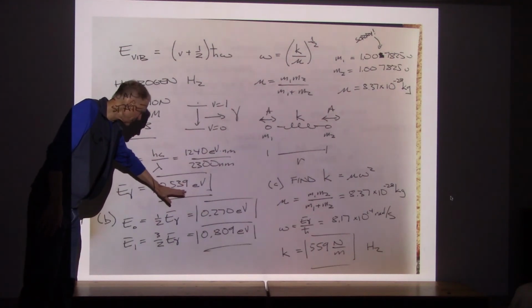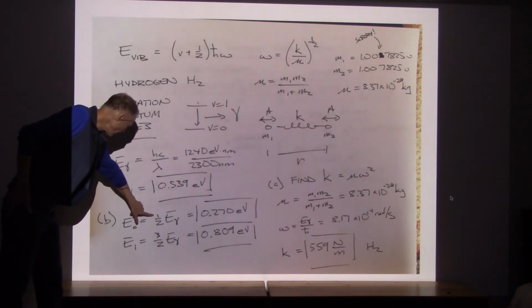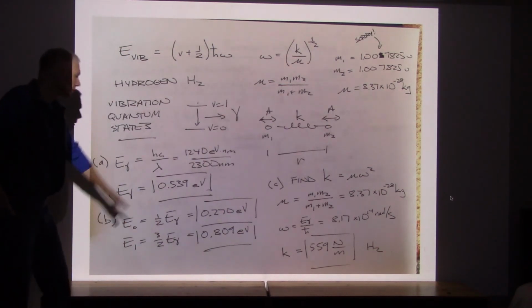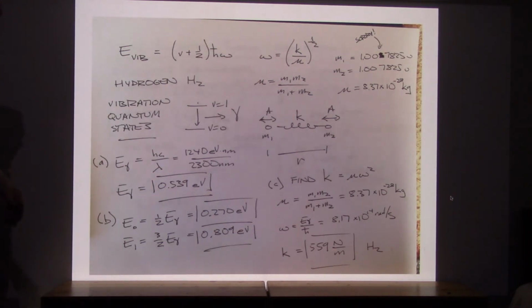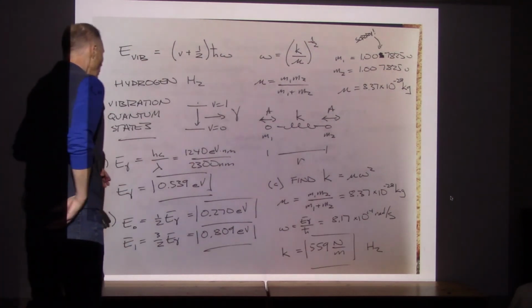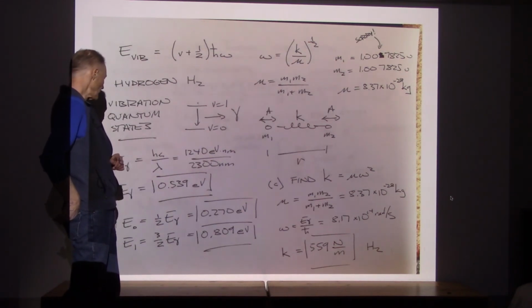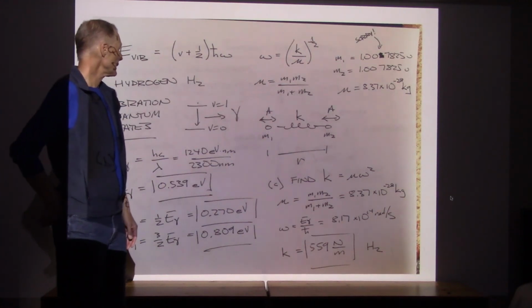This is the spacing between the quantum states. The ground state is 1/2 of that. The excited state is 3/2 of that. So those give us the energies for the ground state and for the first excited state. So that is telling us how much vibrational energy we have in those states.